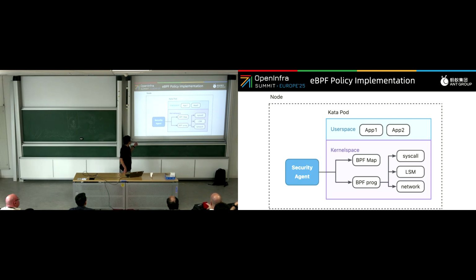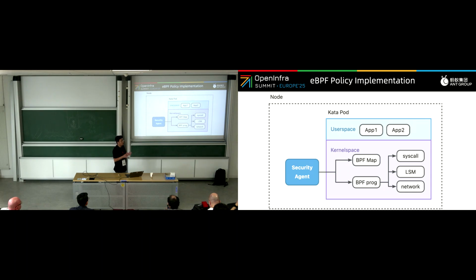Just as I said before, the security agent here will watch the policy changes from the Kubernetes server, and when the policy changes, it will get the latest policy from the server and load it into the Kata pod. First, it will load the eBPF programs, and we split those programs into 3 parts.